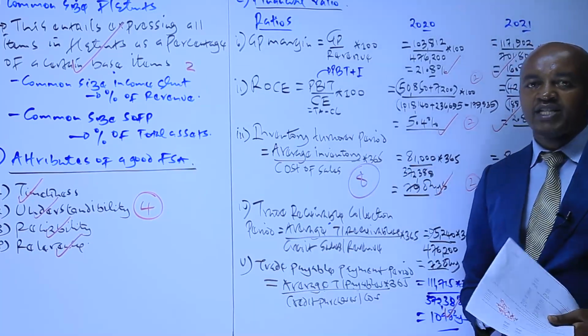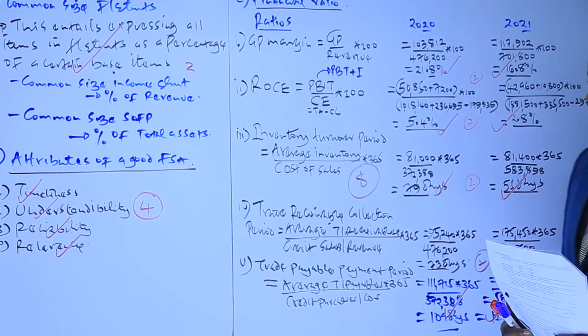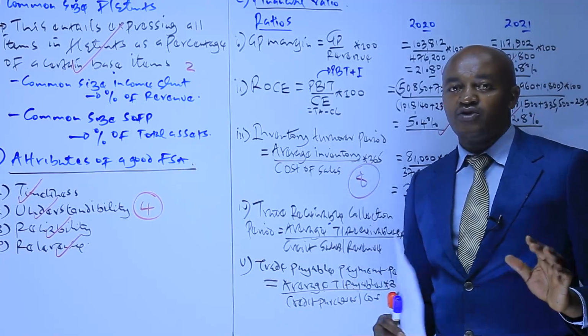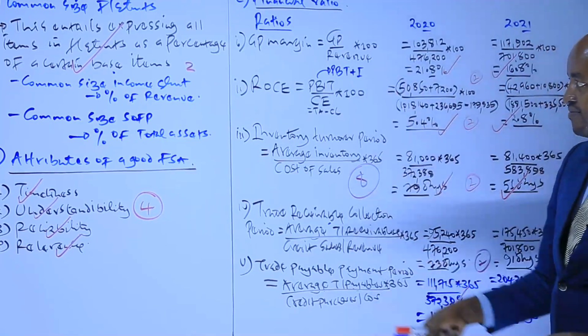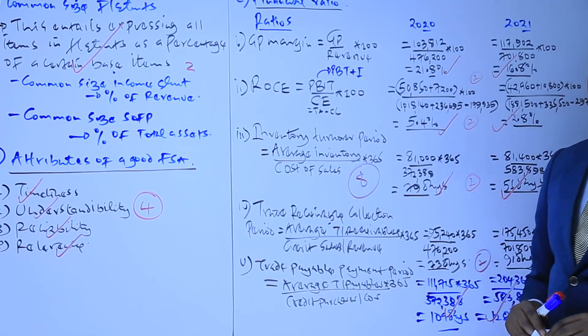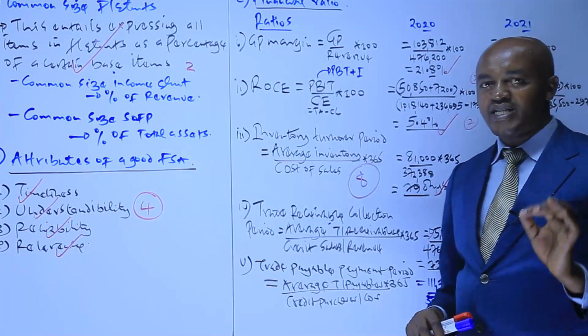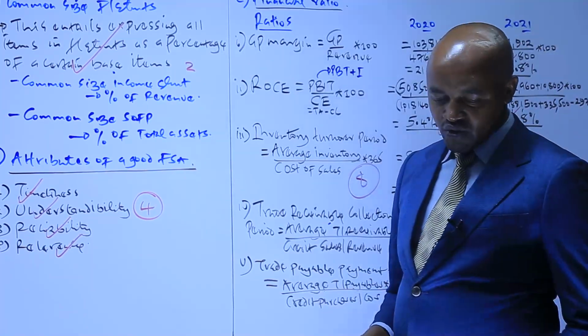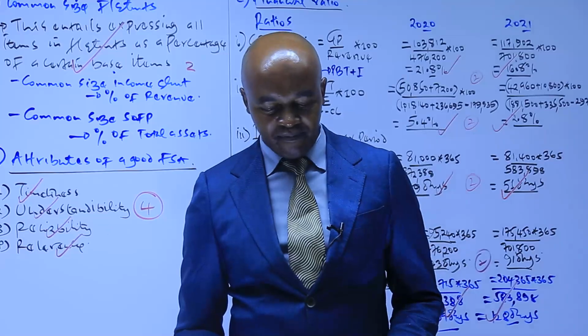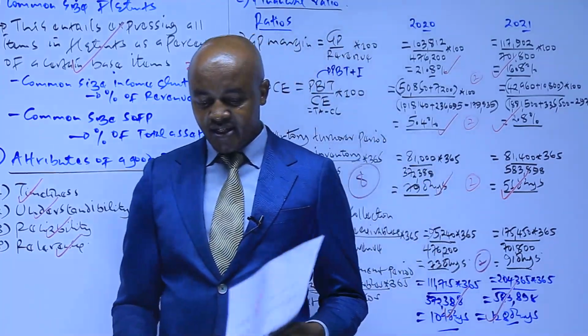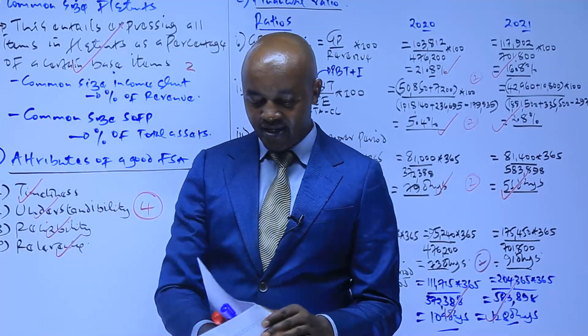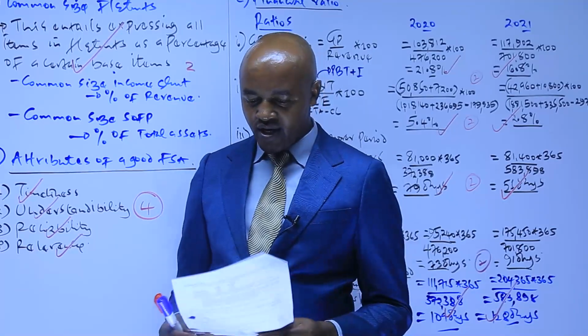But you can see, as far as the computation of ratios is concerned, what is important is for you to remember the formulas. If you can't remember the formulas for computing these ratios, then there is no way you can successfully attempt and pass a question on computation of ratios. So that is what was required as far as that question is concerned.